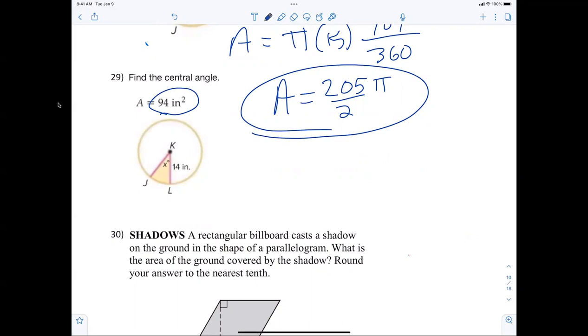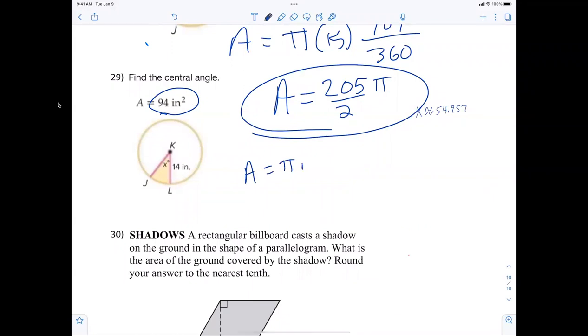You with me on this? So for 29, how many degrees was that approximately? 54.957. Someone else? Can you go through that one? All right, so what's the formula for area of a sector?